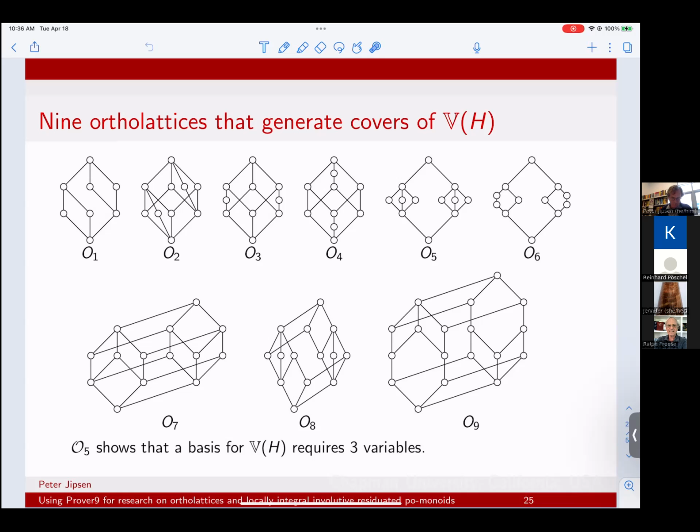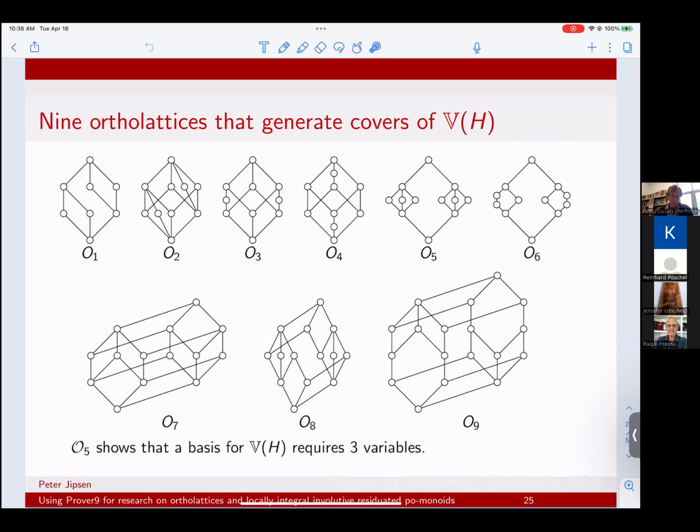We have some partial results in this direction, and it's an interesting problem. One thing you can see here is that this lattice and this one both show that the variety generated by H will require 3 variables, because they generate a covering variety that is given by an ortholattice that is not 2-generated.